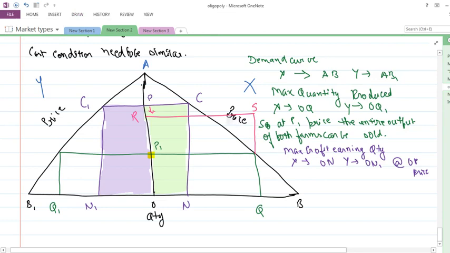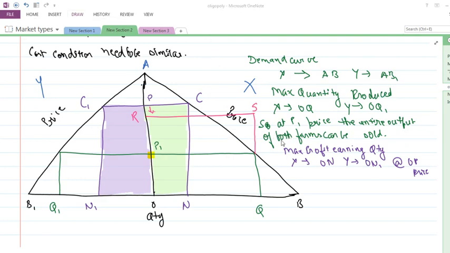So in this case, in order to sustain or stay in the business, Y also retaliates or reacts and reduces his price further.